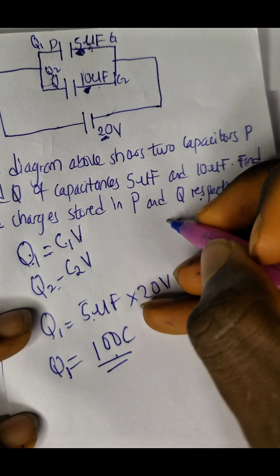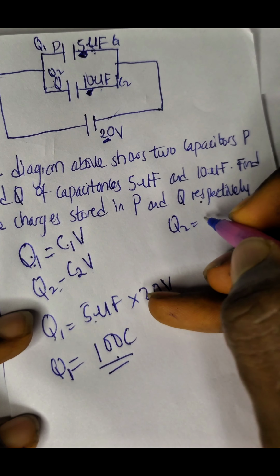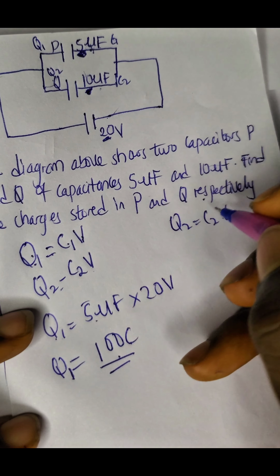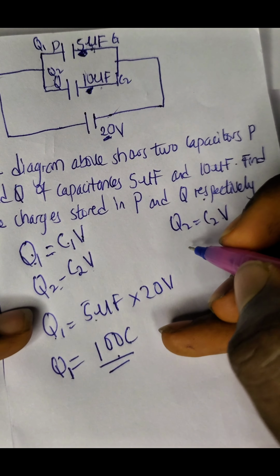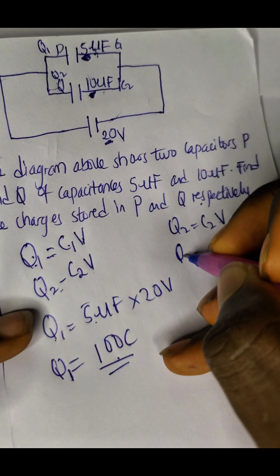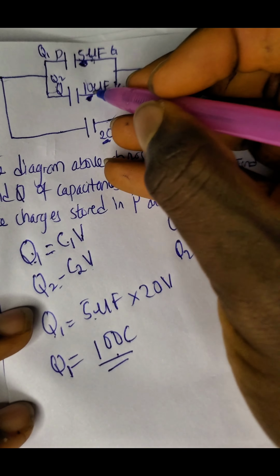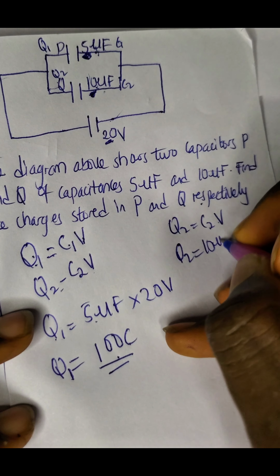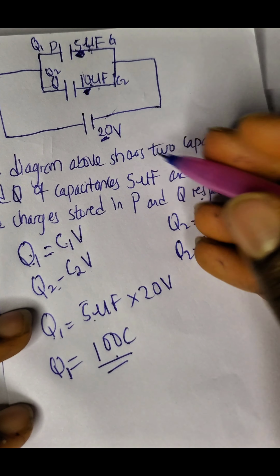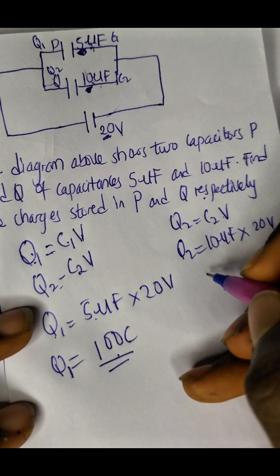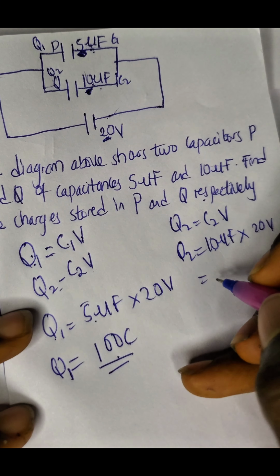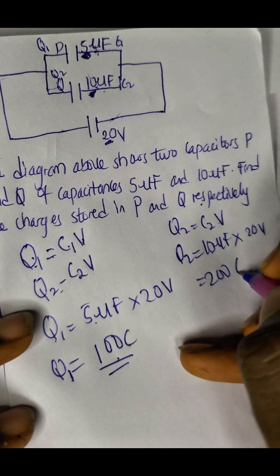So let's get Q2, which is C2V. The V is the same because for parallel connection, the potential difference is the same for all capacitors connected. So for Q2, our C2 is 10 microfarad times our potential difference of 20 volts. So 10 microfarad times 20 gives you 200 coulomb.